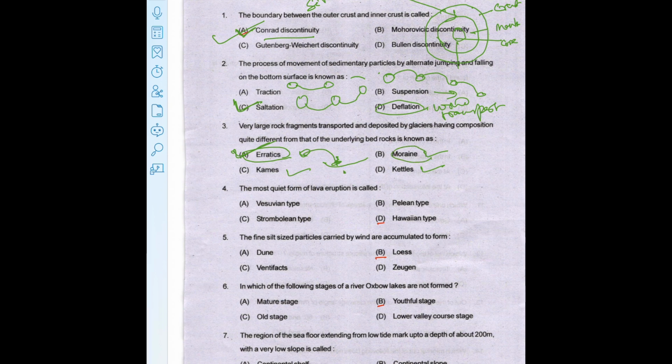But when you talk about moraine, it may involve rock particles that have the same composition as the bedrock, which may be due to the fact that the transportation has been over a limited distance.